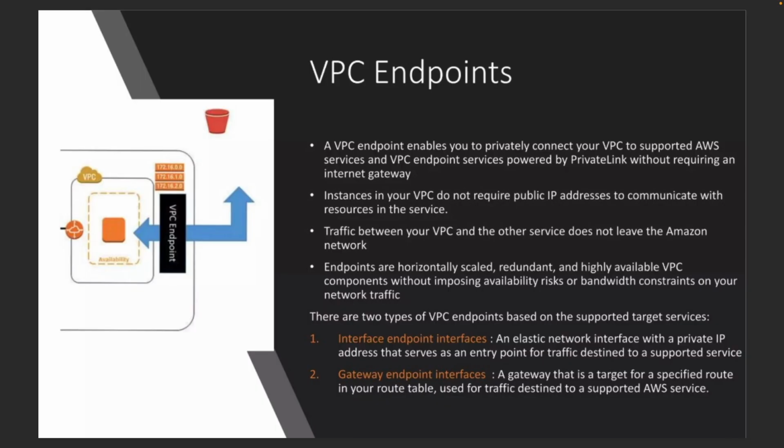Think of this as a virtual network card dedicated to accessing a specific AWS service. Second, gateway endpoints. A gateway endpoint is a gateway that is a target for a specific route in your route table, used for traffic destined to a supported AWS service. This is typically used for S3 and DynamoDB access.